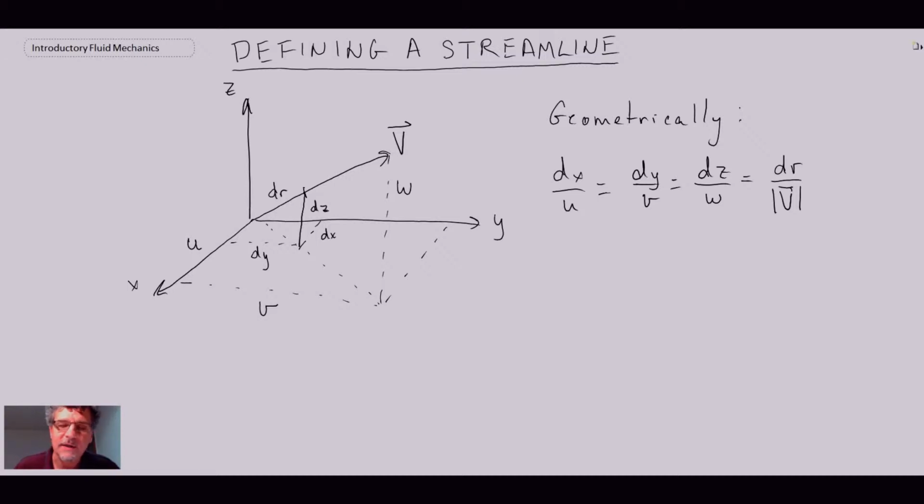So that gives us a geometric representation and an equation that we can use to look at a streamline. Next, we're going to take a look at an example of solving for the equation of a streamline.